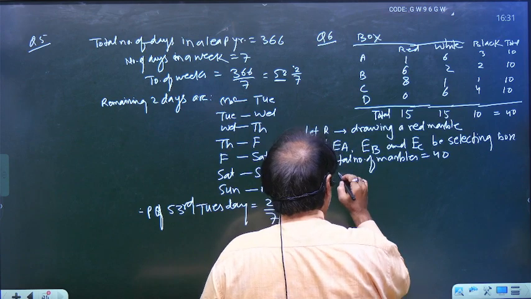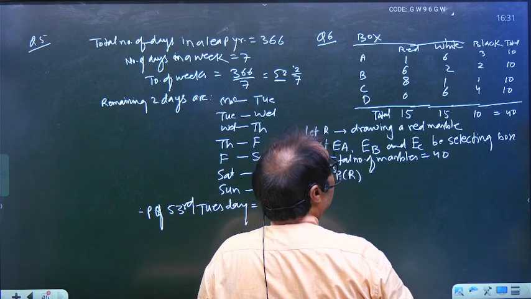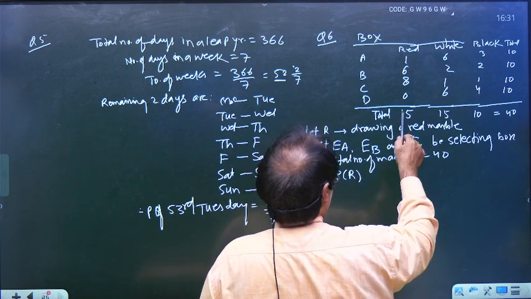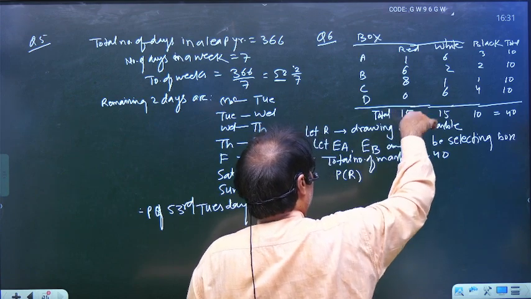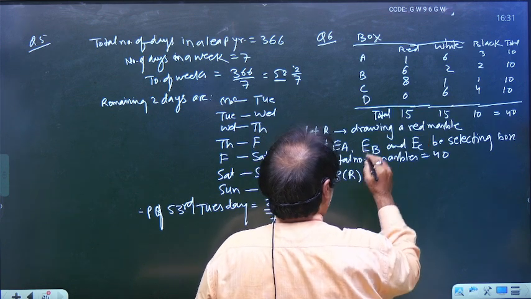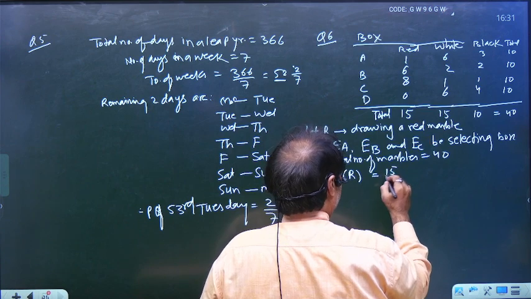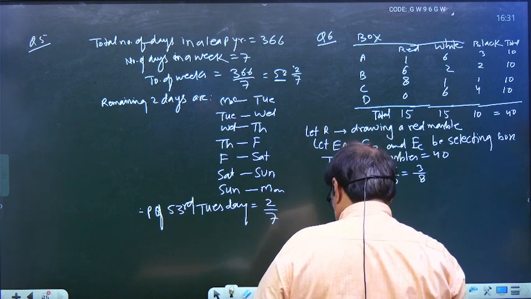So the probability of a red ball: the total number of red balls is 15, so the probability of a red ball is 15 by 40, which is equal to 3 by 8.